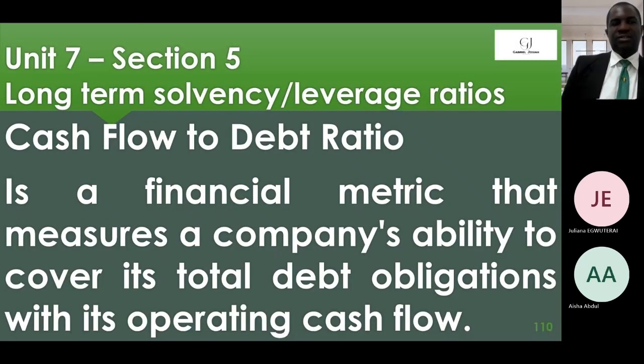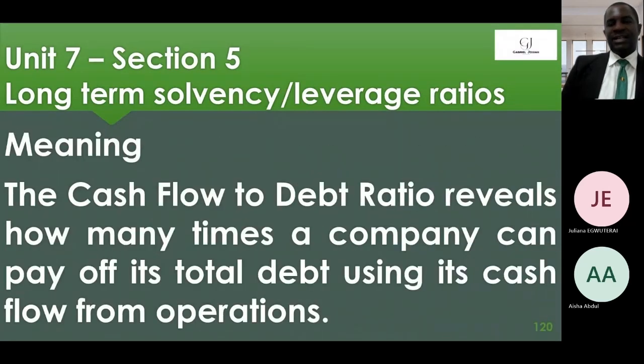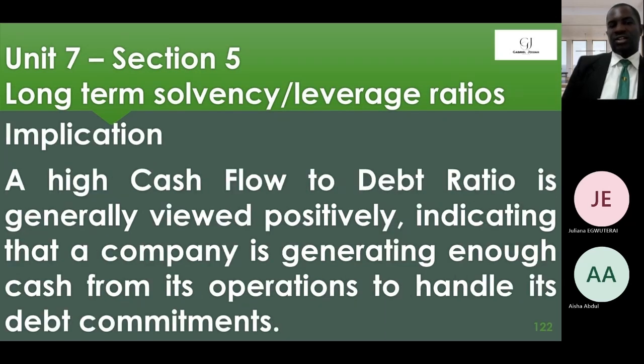So let's look at what it means officially. It reveals how many times a company can pay off its total debt using cash flow from operations. So from this result, we cannot pay. It's clear. A high ratio indicates the company has sufficient cash flow to cover its debt, whereas a lower ratio suggests potential challenges in meeting these obligations.